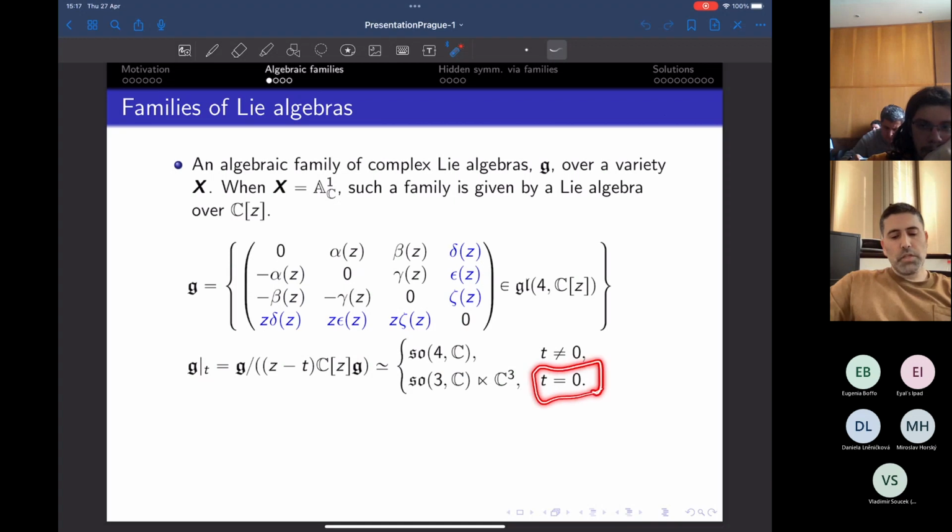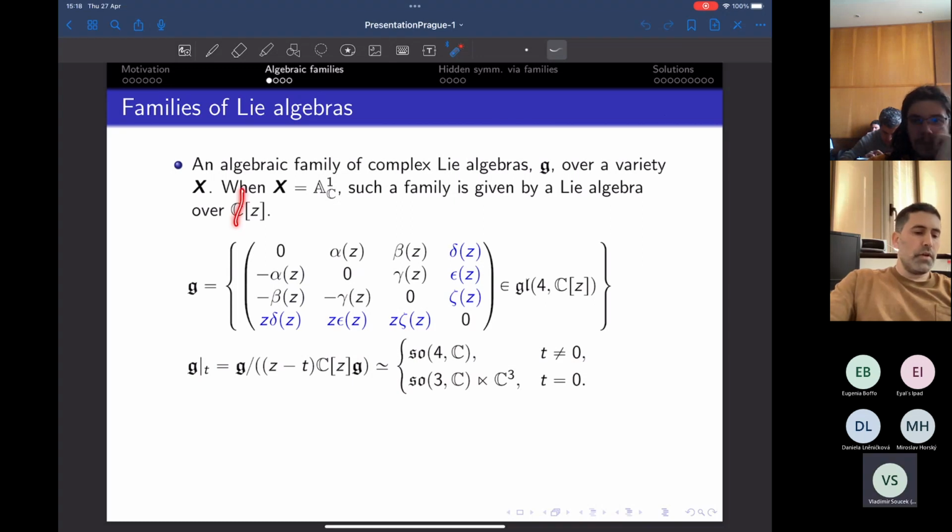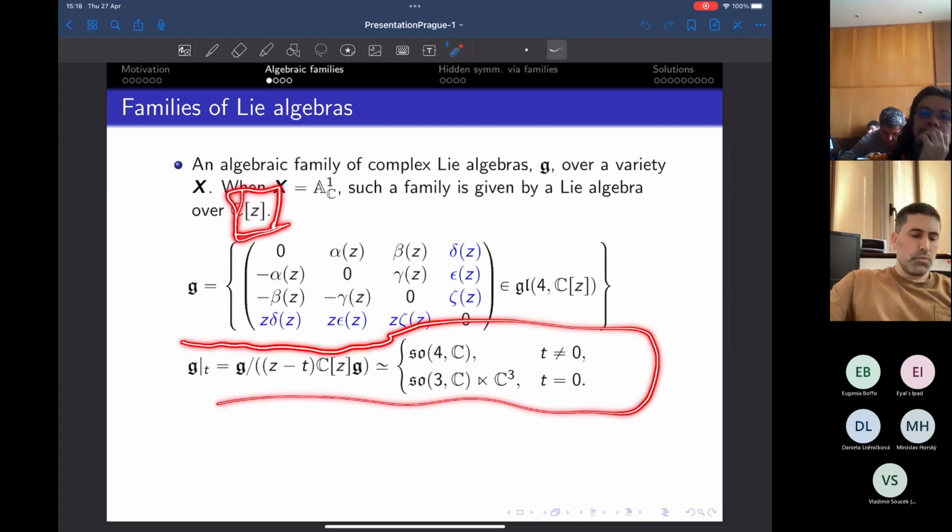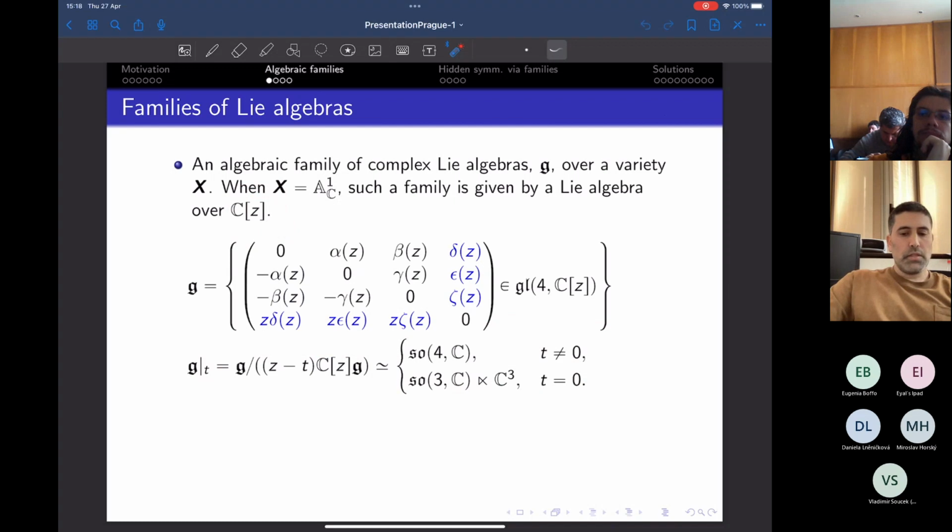If T is 0, you get this complex semi-direct product, SO3C semi-direct product with a three-dimensional complex vector space. This is a good thing to keep in mind: if you have a Lie algebra over C of Z, out of it you get a collection of complex Lie algebras. This is why we treat it as a family.